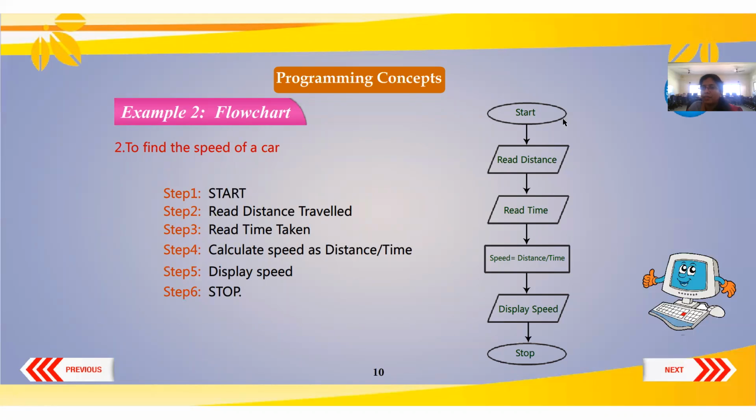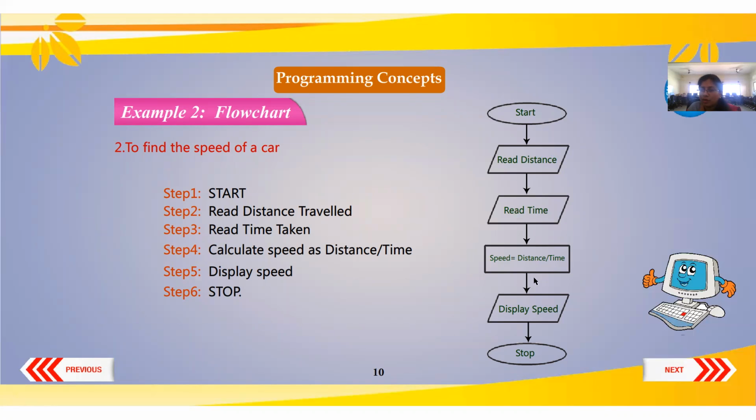You can see over here, start in the terminal box. In the parallelogram, we are putting read the distance. Is it only one input there? No. Distance is one input, and time taken is also an input. That's why both these things are in the same box, the parallelogram. Just read the distance, read the time.